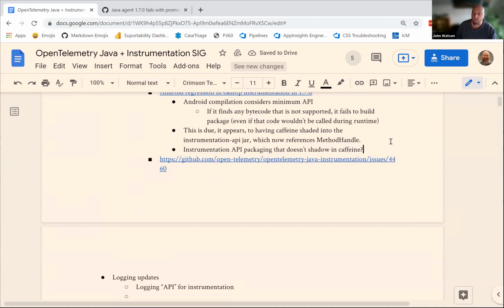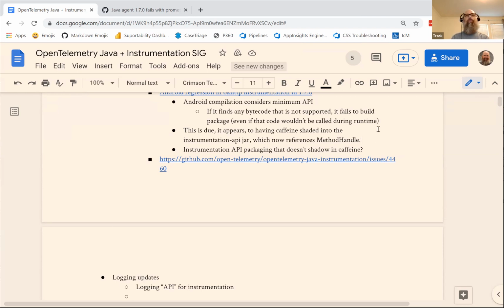It would require anyone who's using it from Android to explicitly exclude that transitive dependency. I'm just brainstorming. I don't have any great ideas for right now, but I hope that we can find some way to handle this.